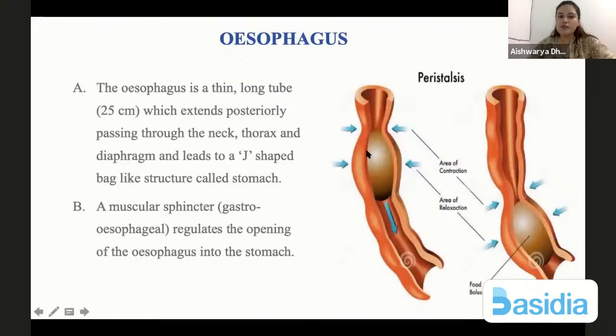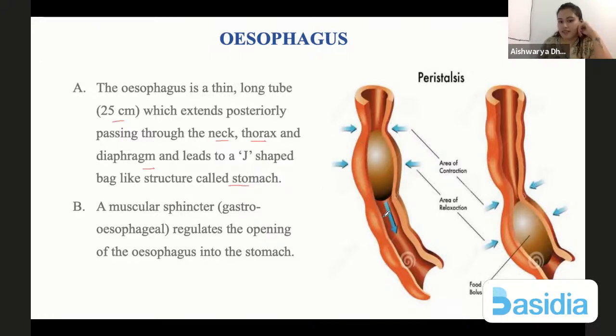Okay. Moving forward, we have the food pipe. So food pipe is a long, thin tube, about 25 centimeters in length, passes through the neck, thorax, diaphragm into the stomach. The main function of esophagus is peristaltic movement.